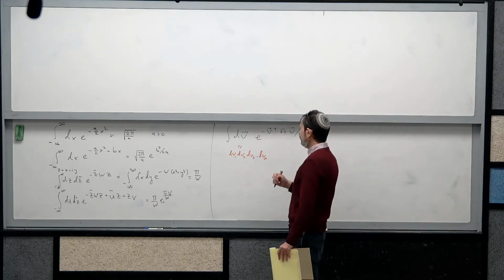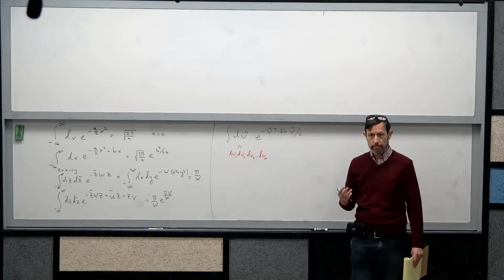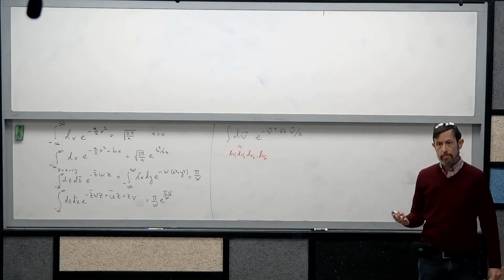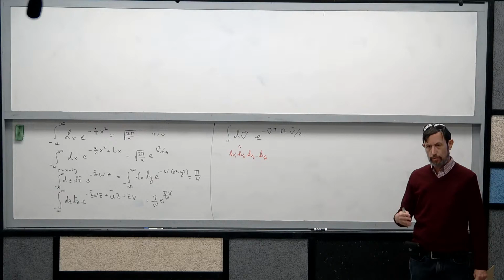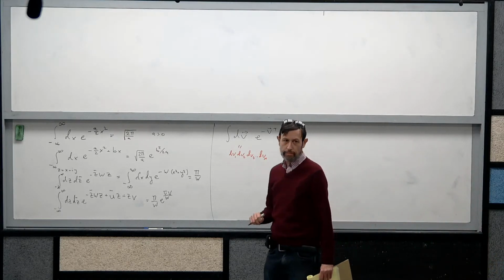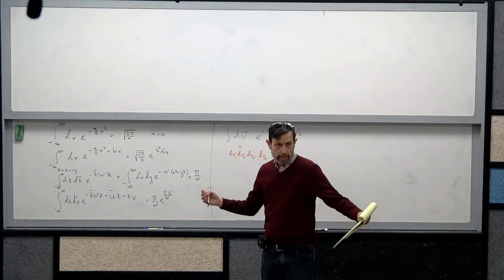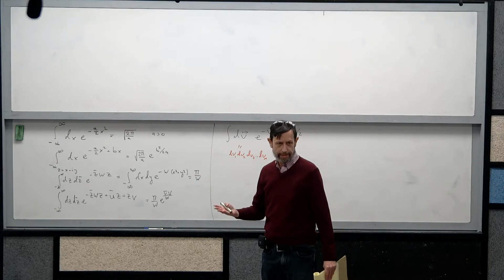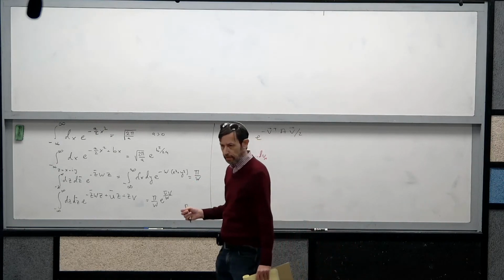And here I have just the multiplication of the vector with a matrix. Like the Dirac exponent. It appears in a lot of places in physics.